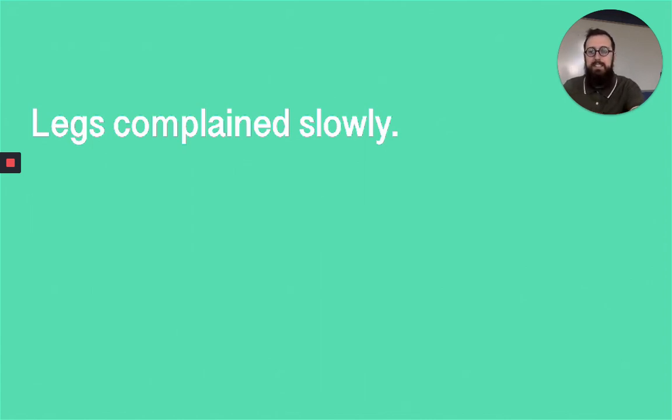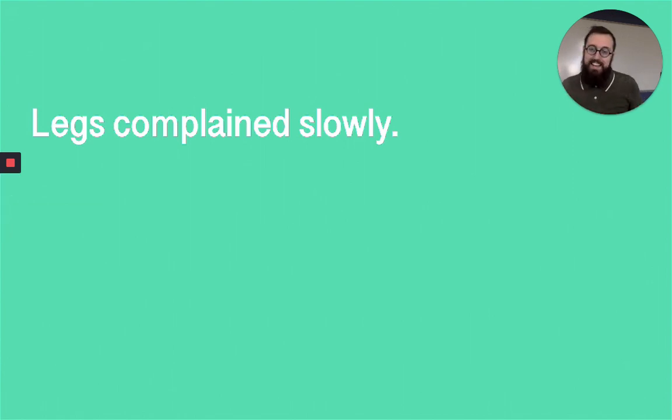In my sentence, this says, legs complained slowly. These sentences are being drawn from a tale that we're going to read later on next week. Things like legs, body, arms, hands, those are characters in the story.